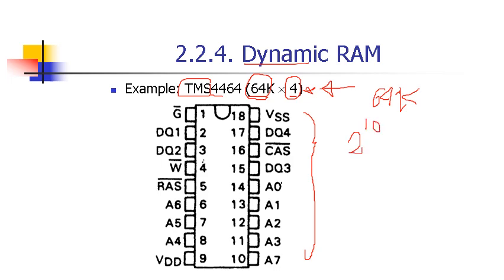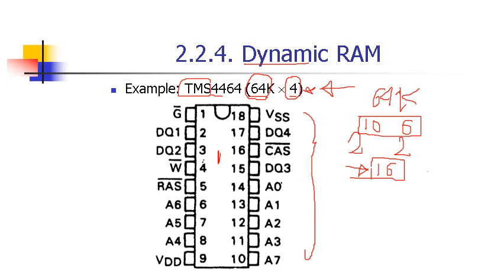This is a K, this is 64, so you have to have 16 different pins to address a memory location inside this memory chip. Okay, well, we're getting larger as far as the number of pins is concerned. We're getting larger and larger.